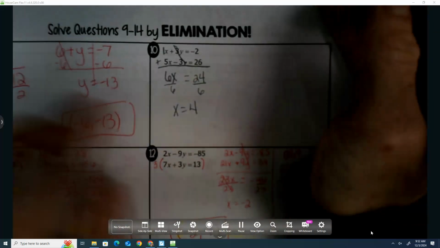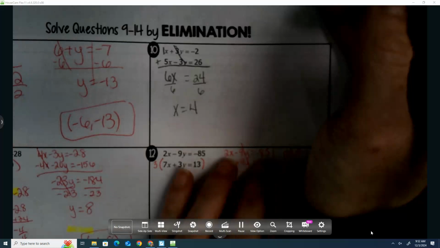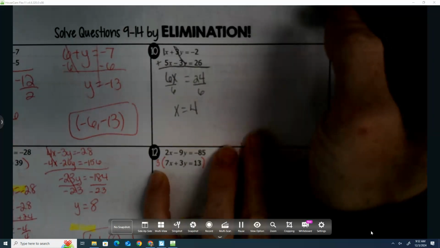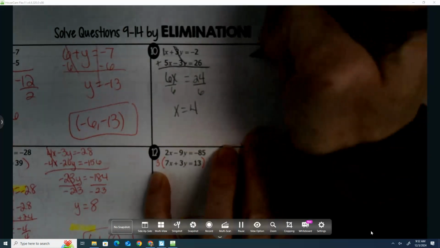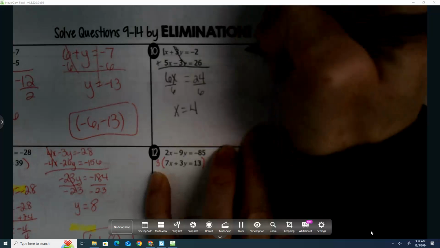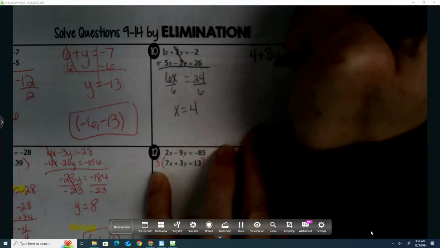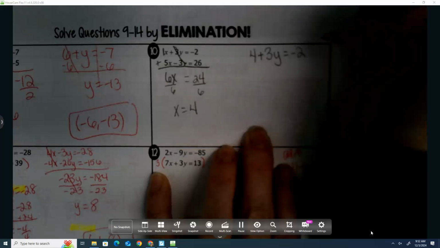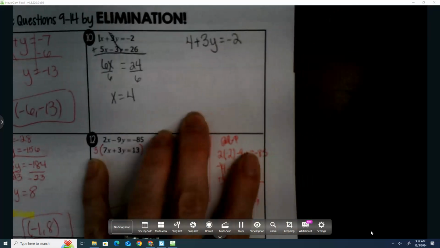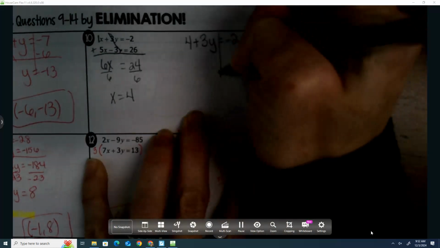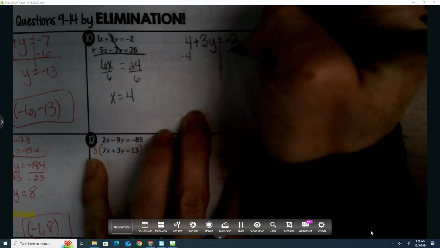Once we have what our variable is, what do we do with that? If I go with the first equation, x, which is 4, plus 3y equals negative 2. If we solve this, we subtract our 4.